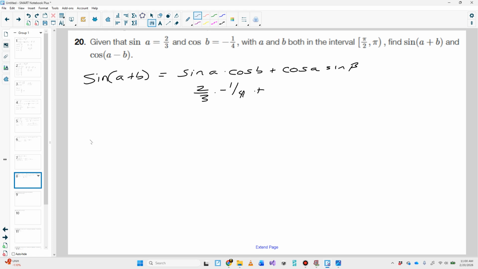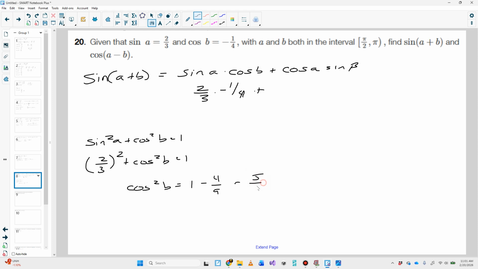Since I know that sine squared A plus cosine squared A is equal to 1, then I know that 2/3 squared plus cosine squared A is equal to 1. Then I know that cosine squared A is equal to 1 minus 4/9, which is equal to 5/9. And so that's going to be the square root of 5 over 3.